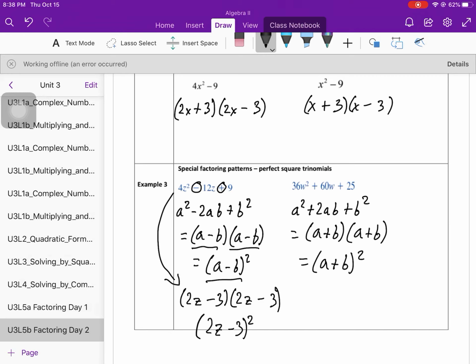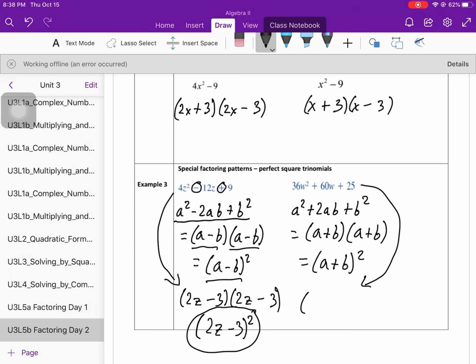So then we just rewrite it as 2z minus 3 squared. You don't need to memorize this pattern up here. You can still factor it without doing that part, but you just have to recognize that it's a perfect square trinomial, so it starts and ends with a perfect square, and the middle term is 2 times the terms multiplied together.